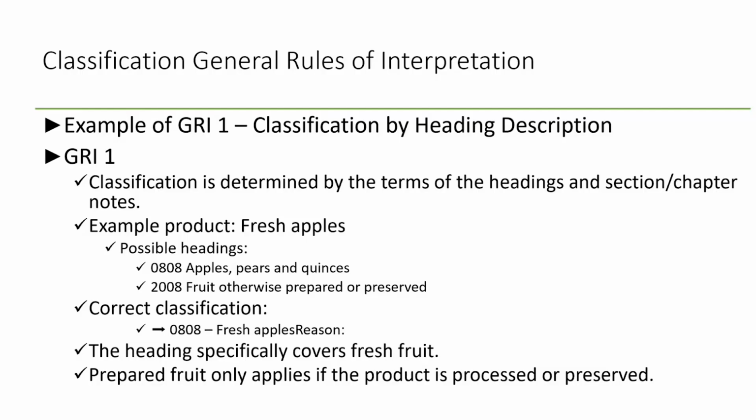The first one is 0808, apples, pears, and quinces, and the second one is 2008, which is fruit otherwise prepared or preserved. So what you have is fresh apples, and in that case, the correct classification would be 0808, fresh apples. The reason for that is the heading specifically covers fresh fruit, and prepared fruit only applies if the product is processed or preserved.